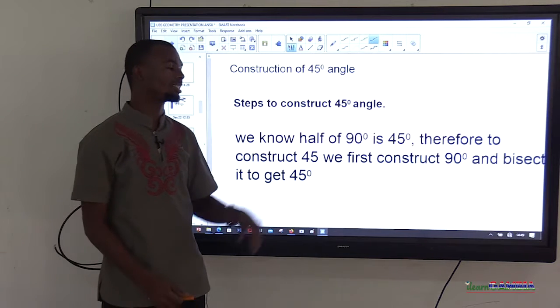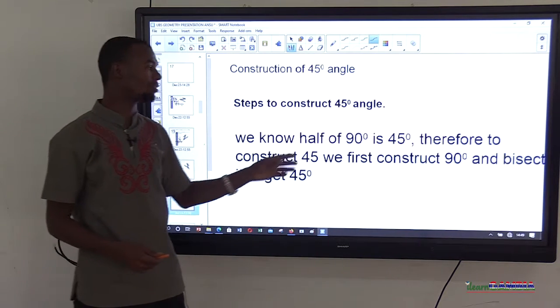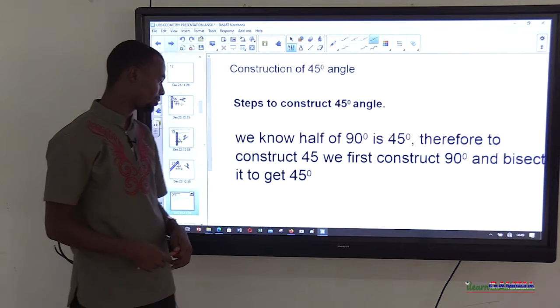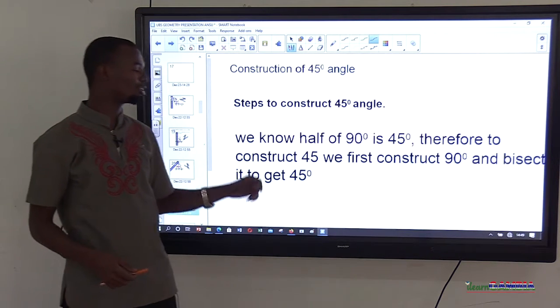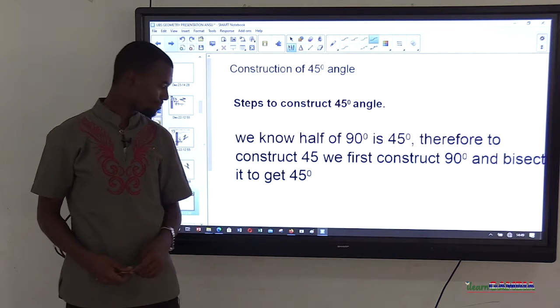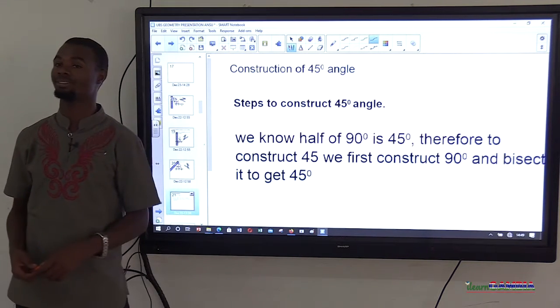We know half of 90 degrees is 45 degrees. Therefore, to construct 45 degrees, we first construct 90 and bisect it to get 45 degrees.